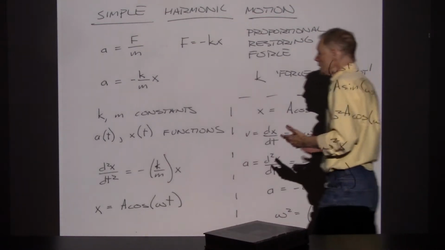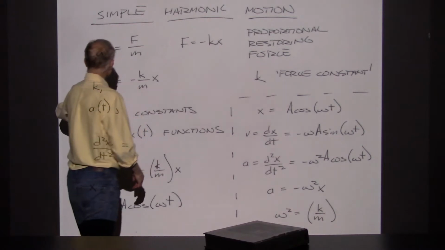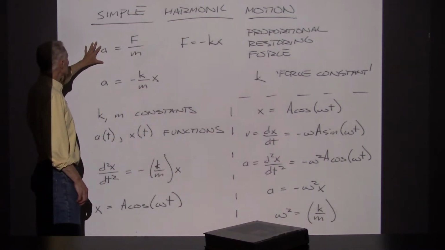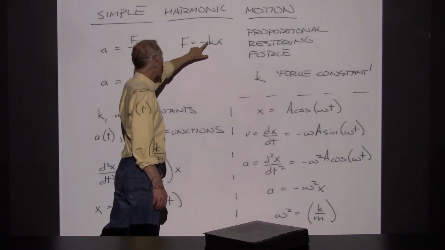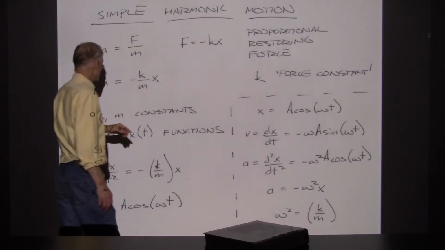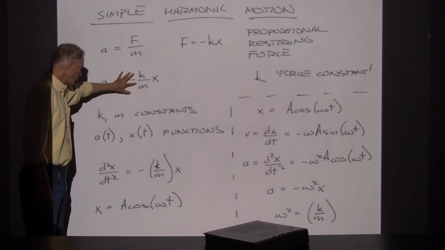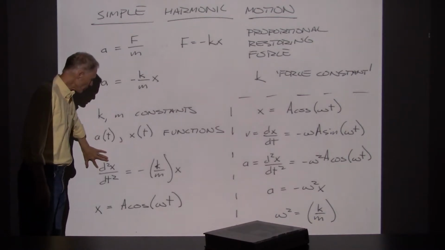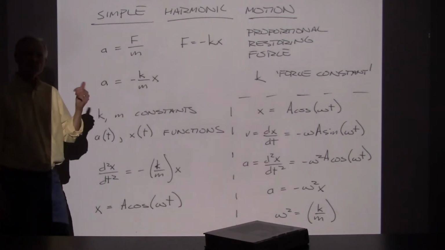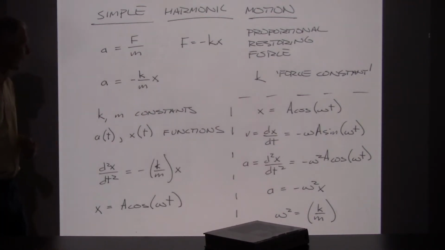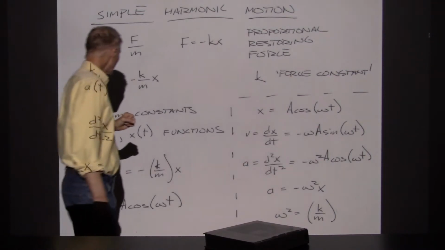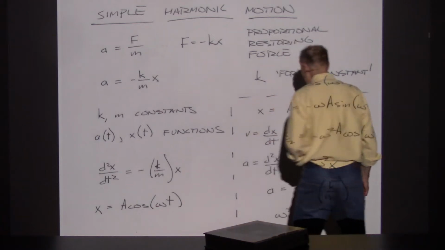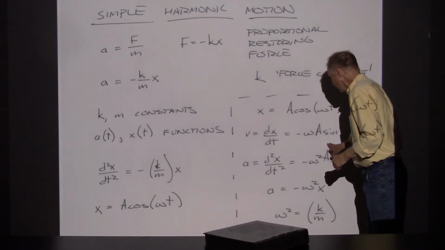Now, that's what we need, right? Because what we said was the acceleration is going to follow the force, and the force needs to be opposite the displacement. So there's a minus sign in my formula. When I take two derivatives, I need to get the function back again, and there need to be some constants out front. Well, that's how this works.